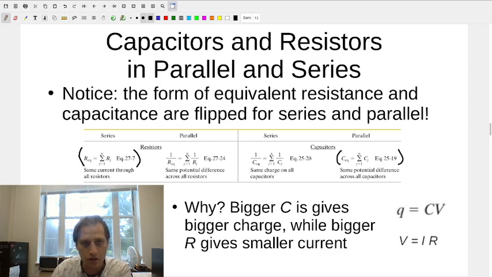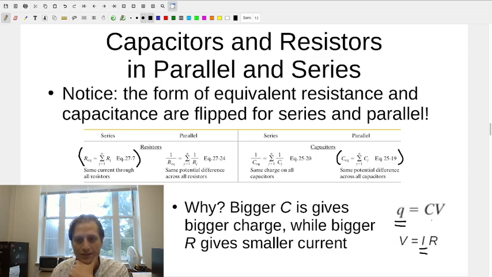So even though all of the physics is pretty similar for series and parallel circuits, the problem is that Q is the charge type of thing in the capacitance equation, but I is the charge type of thing in the resistor equation.